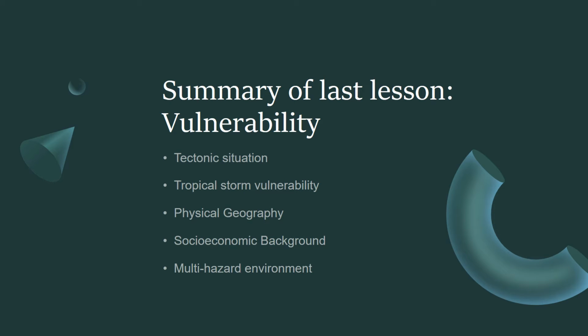Okay, so just before I start doing that, a quick summary from last time. When we were talking about vulnerability, I highlighted a couple of areas, and you can see those displayed on the screen here, of why the people of the Philippines are so vulnerable.